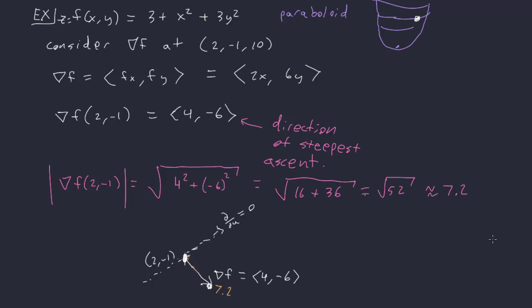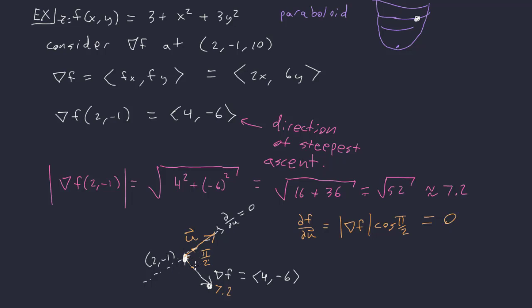Anything perpendicular is going to be 90 degrees, essentially. And so if this is our unit vector u, then the directional derivative with respect to u is going to be the magnitude of the gradient times cosine of pi over 2. Well, cosine of pi over 2 is 0.